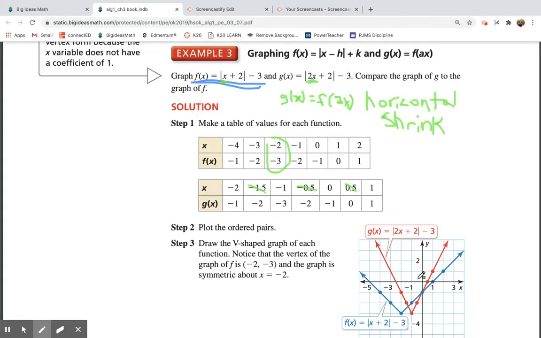So then -2, -1, -1, -3, 0, -1. See, I wouldn't have done the point in between, which is fine, to each his own, but you do not have to put decimals in there. And that's all we have to do on that one. We have to graph them and then describe it, and it was a horizontal shrink, and that was it.